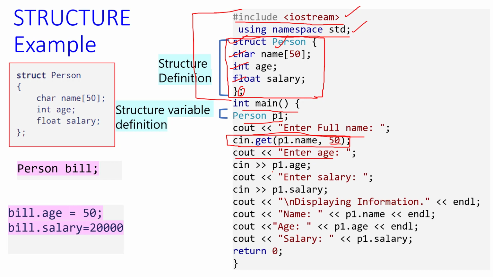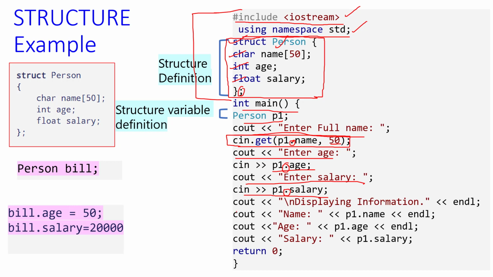Then cout enter age, p1.age. So all the name, age, and salary are accessed by the p1 dot operator. You can see the dot operators in all the input statements. So cout enter salary, p1.salary.